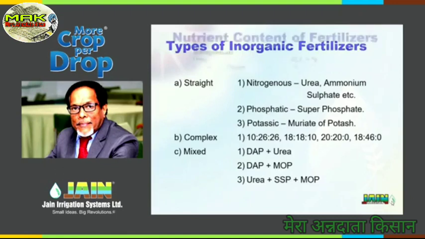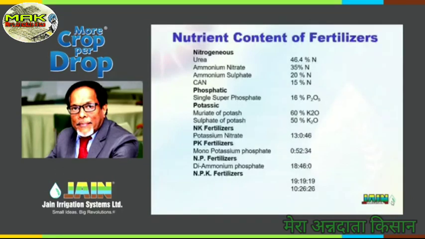Now, the important thing is that all the fertilizer we apply in large quantities into the field does not have only the mineral used by the crop. So fertilizers have something called carriers. For example, urea has only 46.4% nitrogen. Ammonium sulfate, 20% nitrogen.